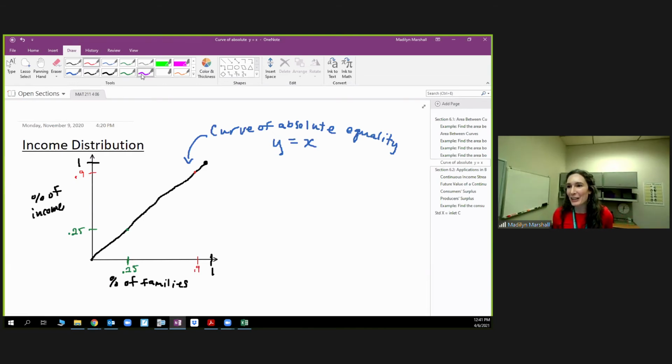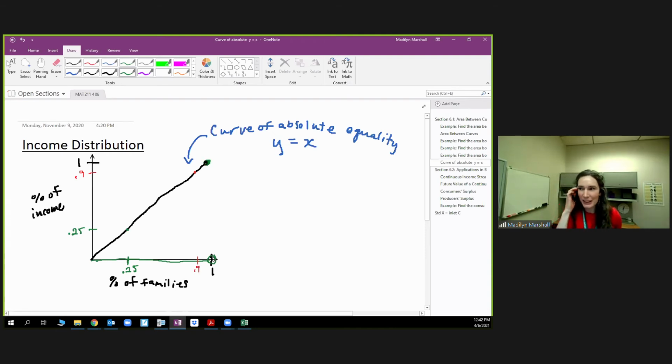There's also a curve of absolute inequality, which I'm going to draw and then probably erase just because I think it's going to make things a little messy. Absolute inequality would be that everyone has no income, no income, no income, and then at the very end, there's just one family that has all of the income.